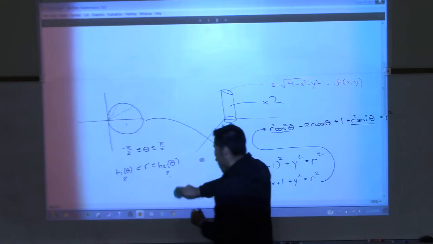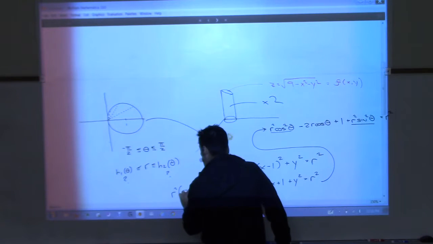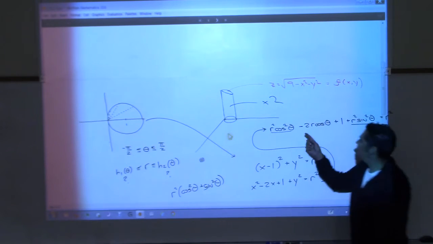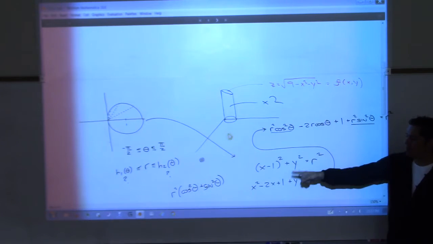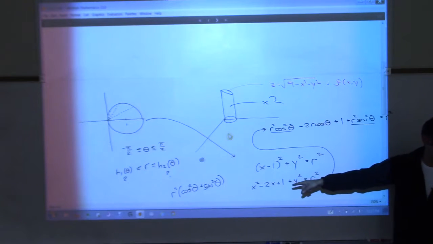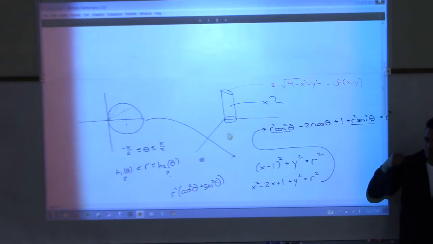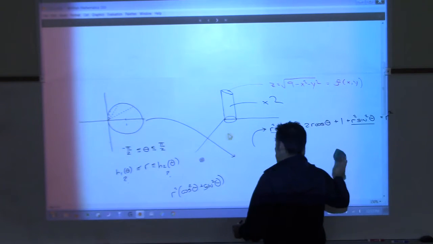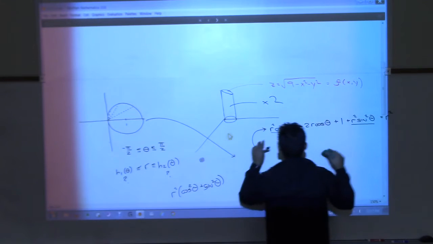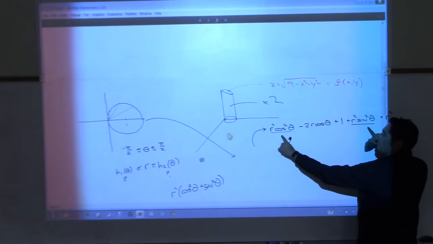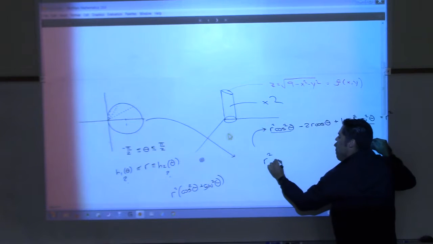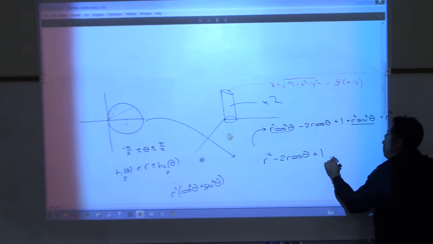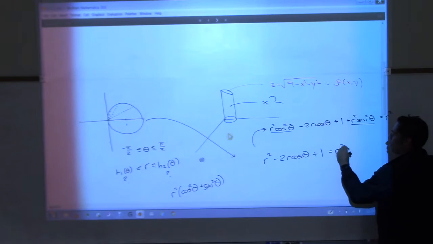If you put those together, you could factor out the r squared, and cosine squared theta plus sine squared theta is 1. So these two together become just what? R squared. So I have r squared minus 2r cosine theta plus 1 equals r squared.